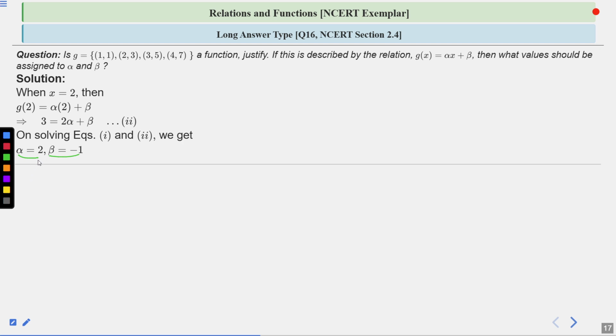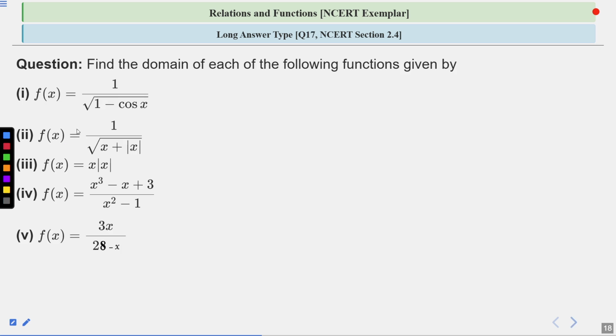Moving to next. This question: we have to find out the domain of each of the functions given to us. So we are given 5 functions. First one is f(x) is 1 by root 1 minus cos x. Second one is 1 by root x plus absolute x. Third one is x times absolute x.